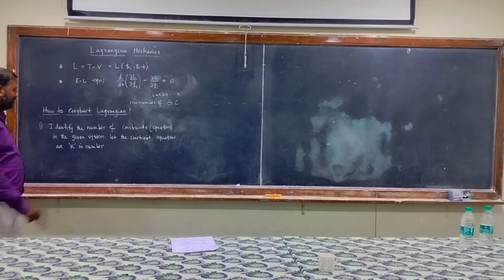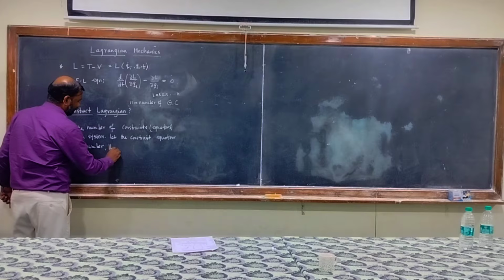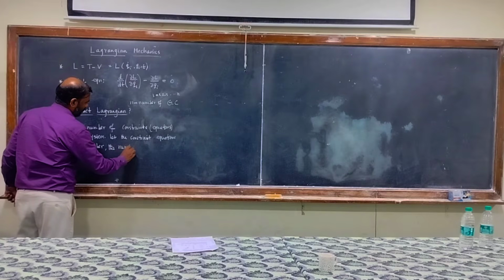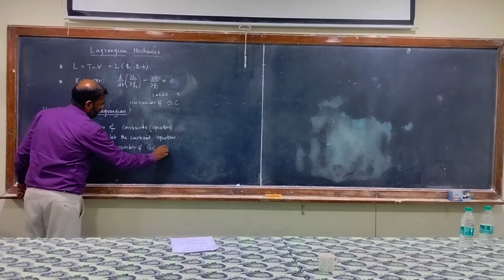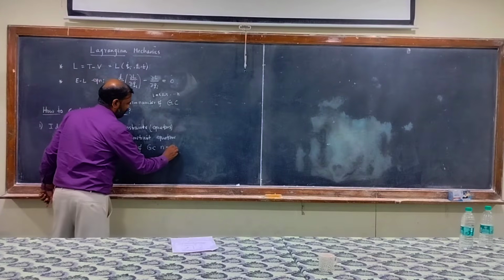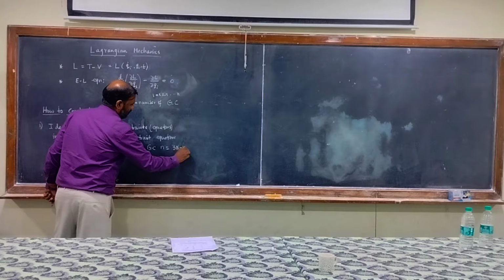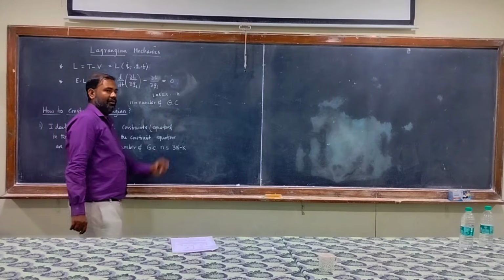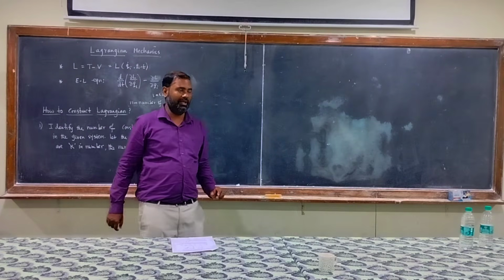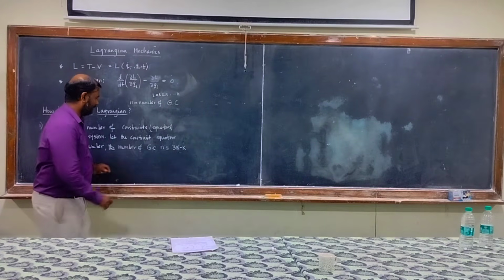Then the number of generalized coordinates is n equals 3N minus k. So whenever you identify, okay, I have some 10 constraint equations, then what is here N?